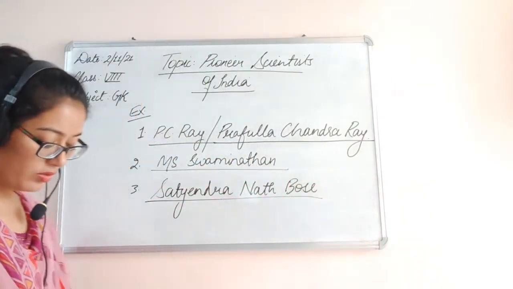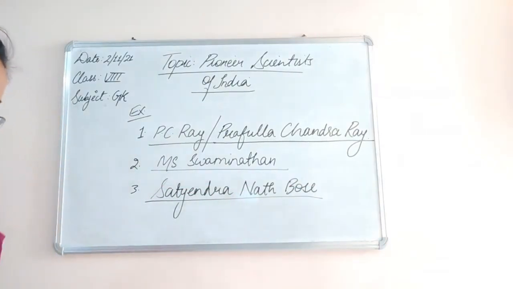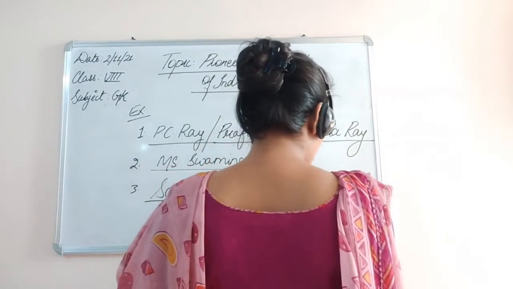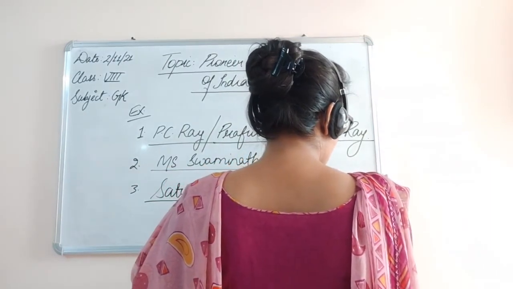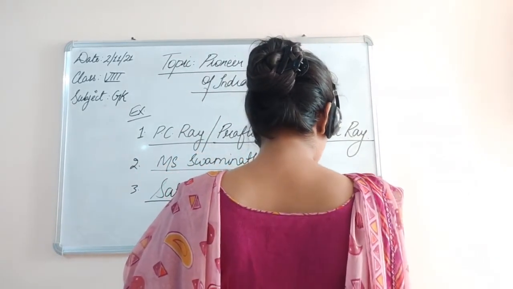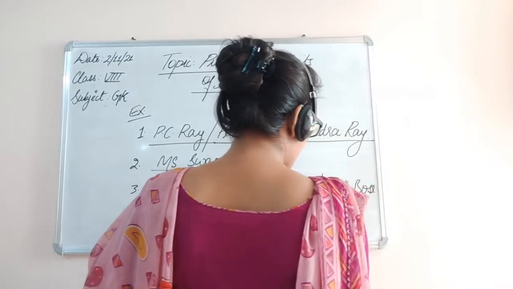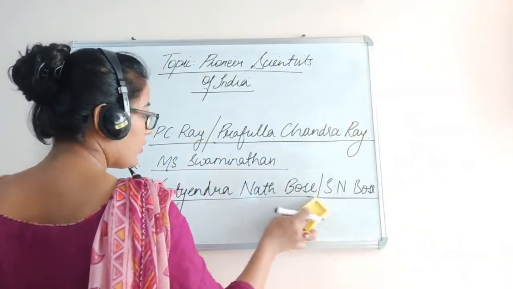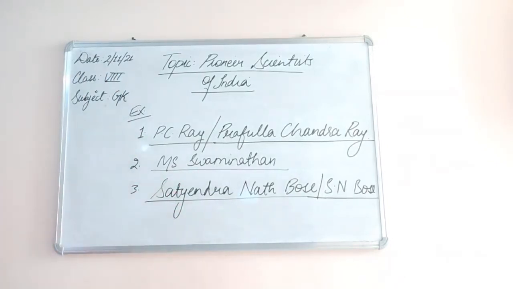So his name was Satyendra Nath Bose, or as in your book it is written, S.N. Bose. Please take down the screenshot, students.